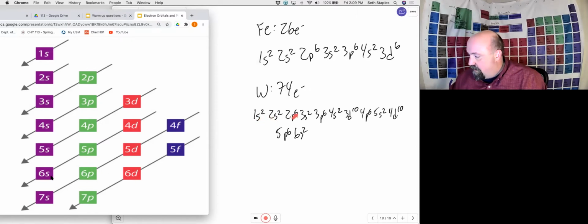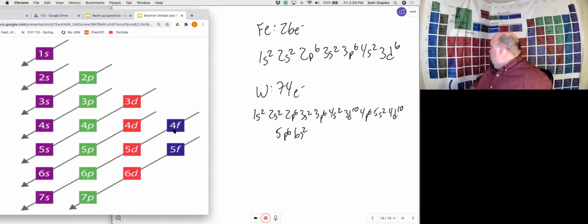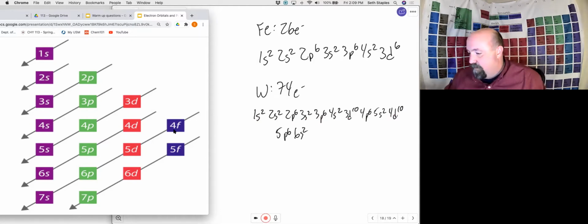Let's just track where we're at now. 2, 4, 10, 12, 18, 20, 30, 36, 38, 48, 56. I still have 18 electrons to go, don't I? So I've done 6s. Now I'm going to come around then and do 4f. Yeah, okay. Just counting them out to myself.